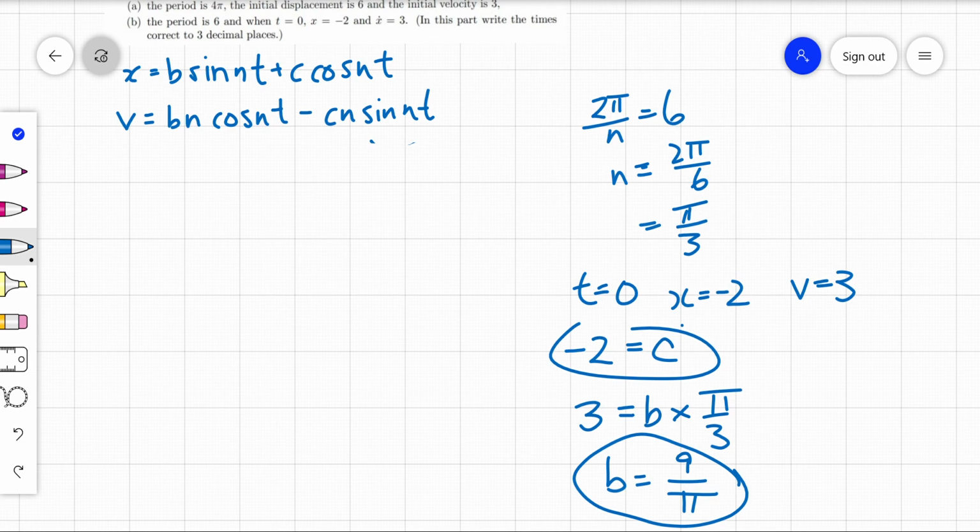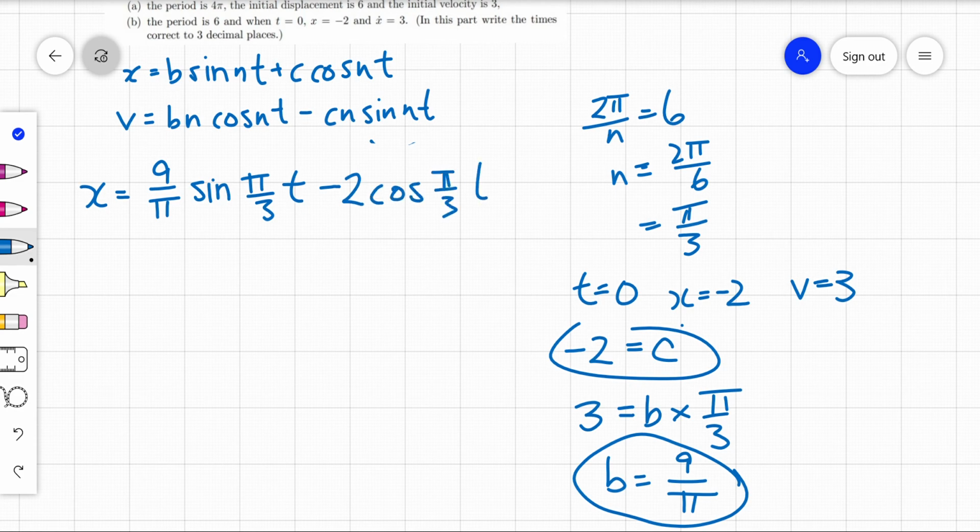So x equals b sine pi on 3 t minus c, which is -2, so -2 cos pi on 3 t.